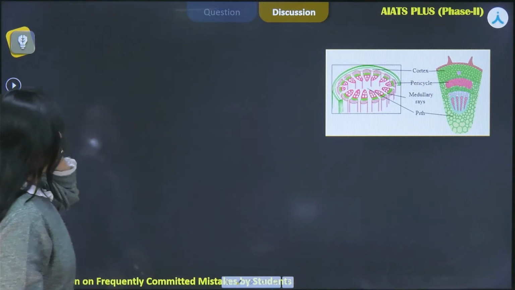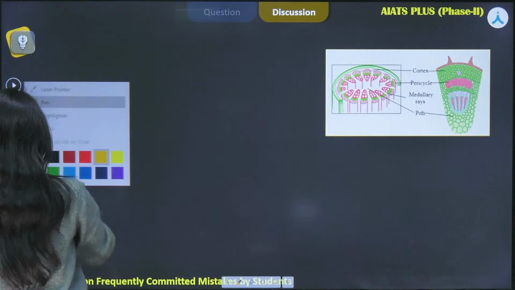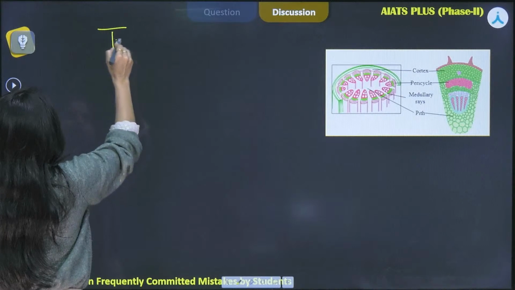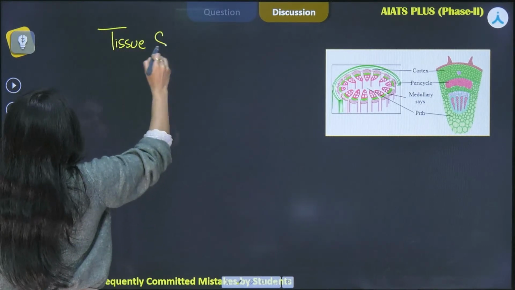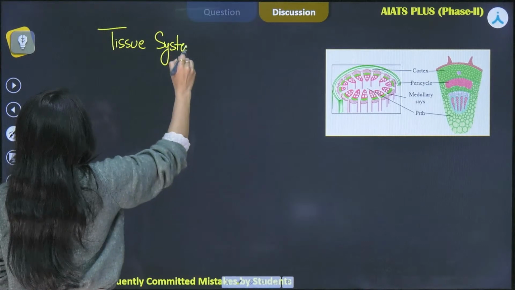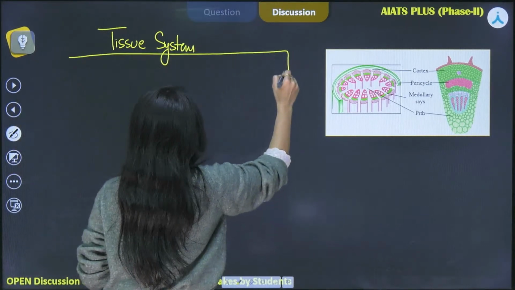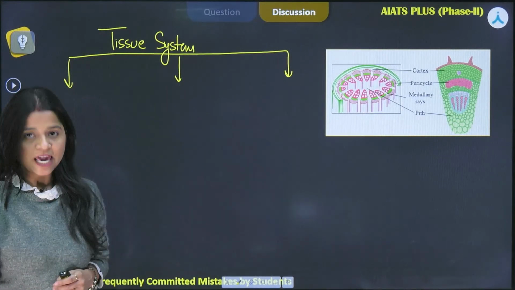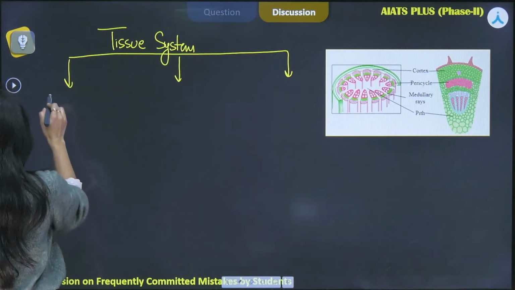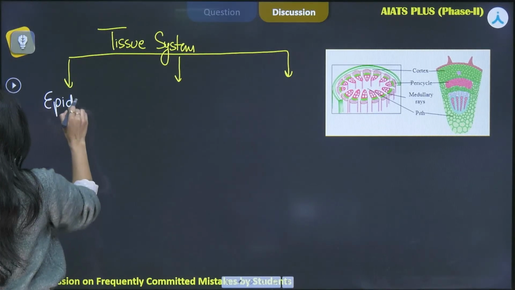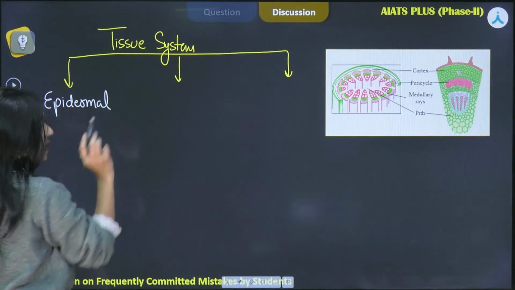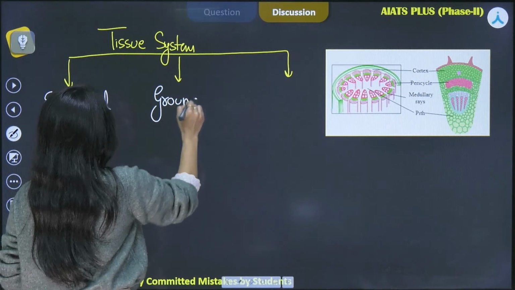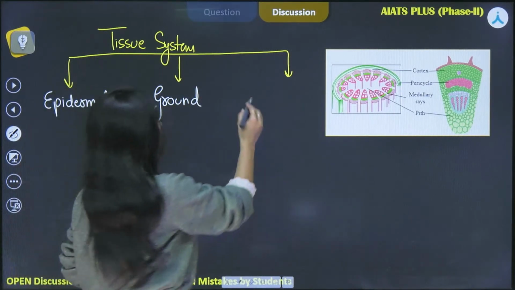Meanwhile, I'll be elaborating this for you. While we are talking about the tissue system, it has been characterized into 3 categories. The first category is the epidermal tissue system. The second one is the ground tissue system that we are going to discuss in a while, and the third one is the vascular tissue system.